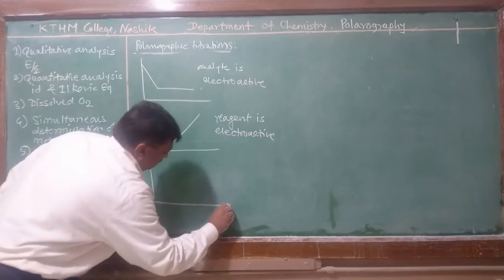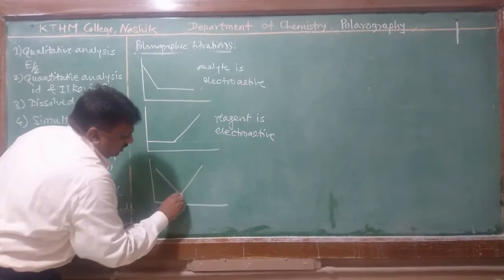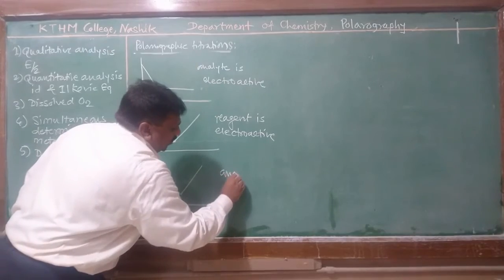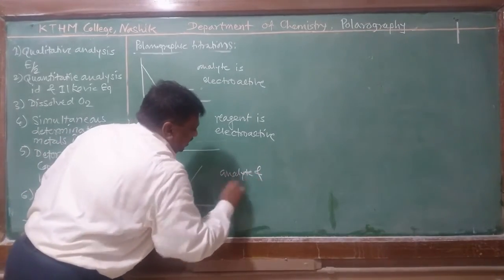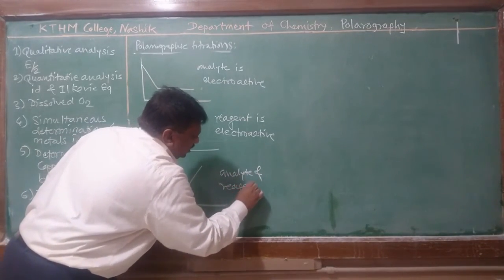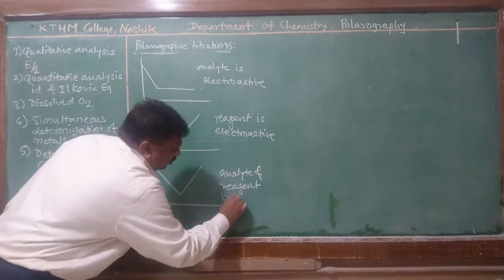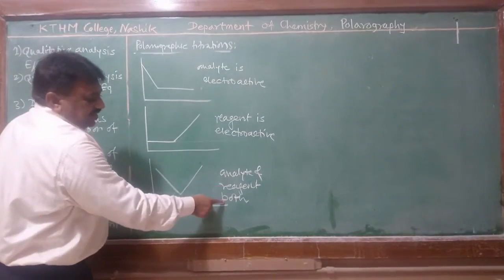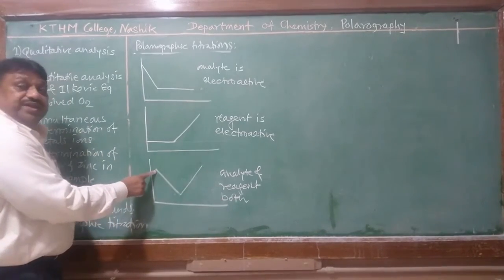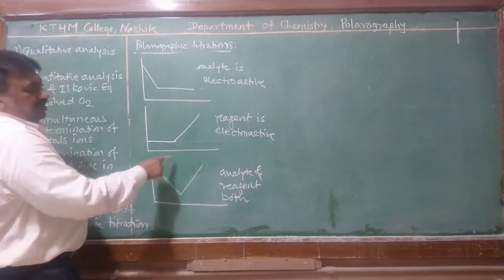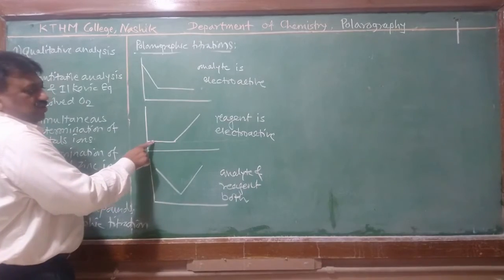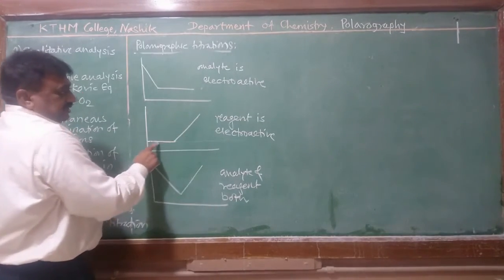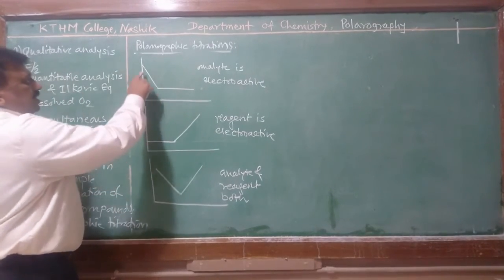This is a titration curve where the analyte and reagent are both electroactive, that is, the potential at which analyte and reagent are both electroactive. Then we have a V-shaped titration curve. Here only the reagent is electroactive. Then we have a titration curve like this, L-shape.